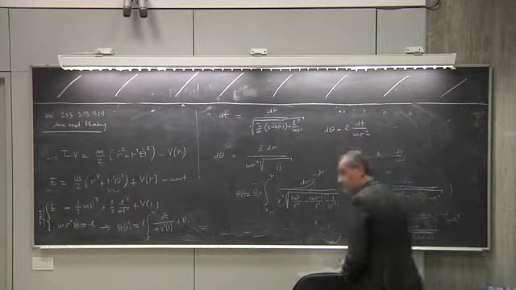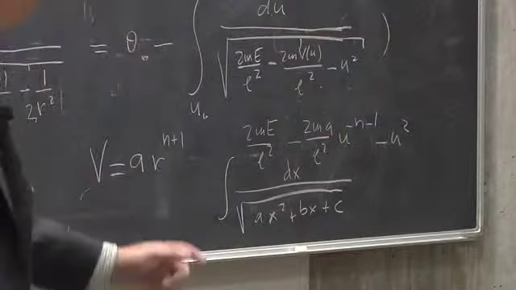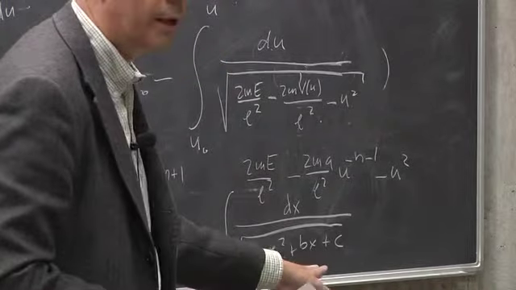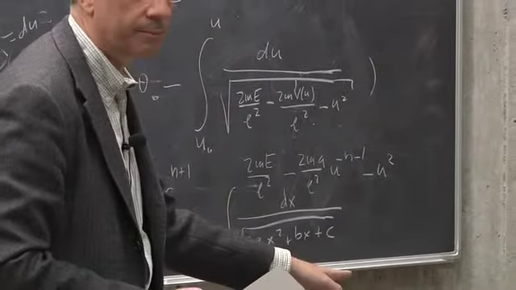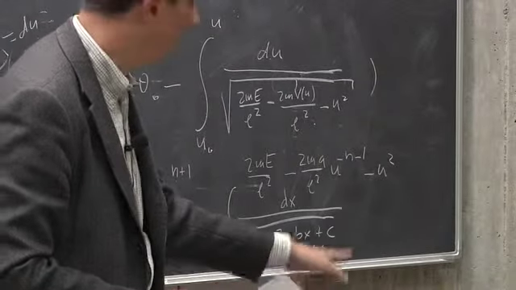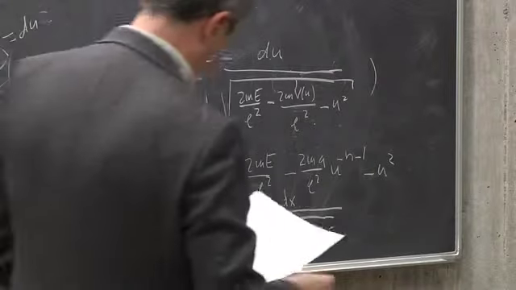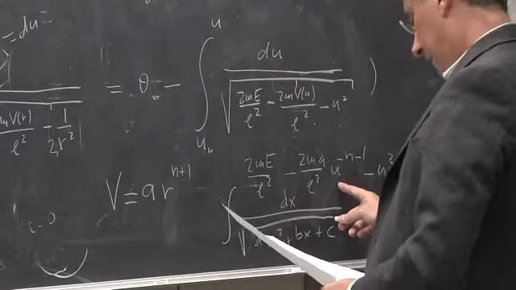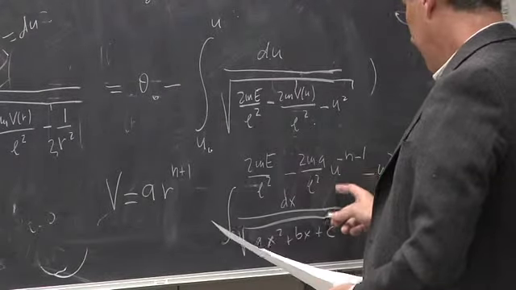You have an integral that is 1 over the square root of a polynomial in u. I'm sorry, not a quadratic polynomial. Here you have the powers, minus n minus 1. So depending on what n you take, here you have a quadratic, a cubic, whatever polynomial.